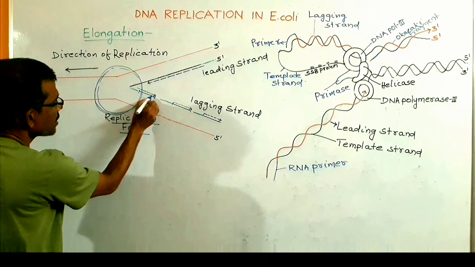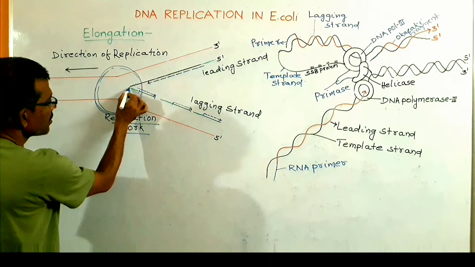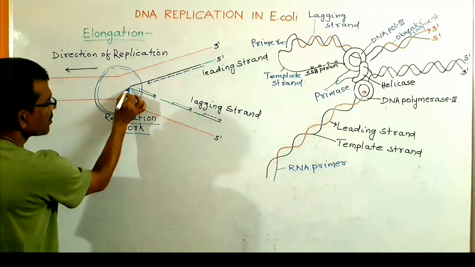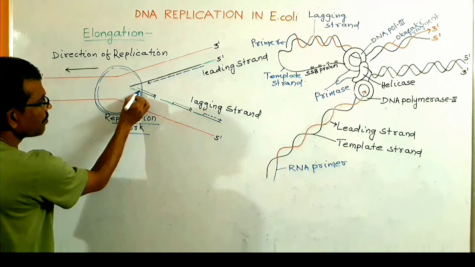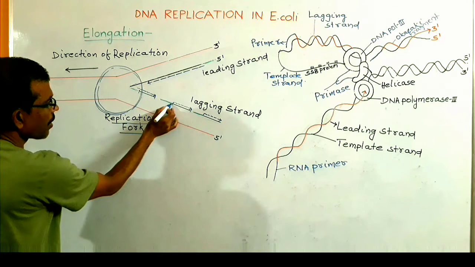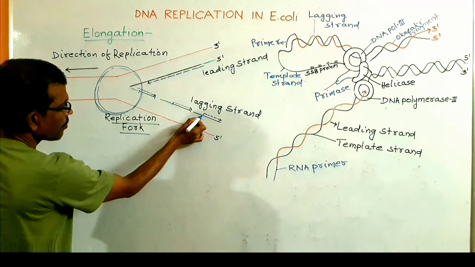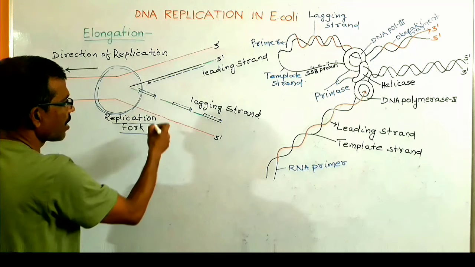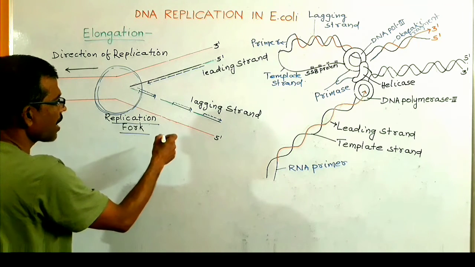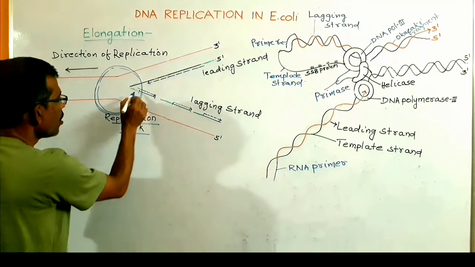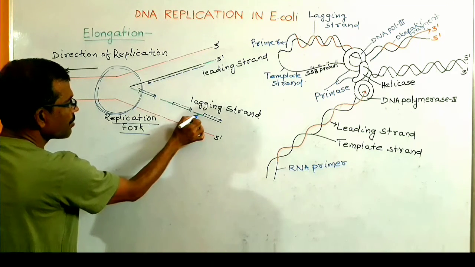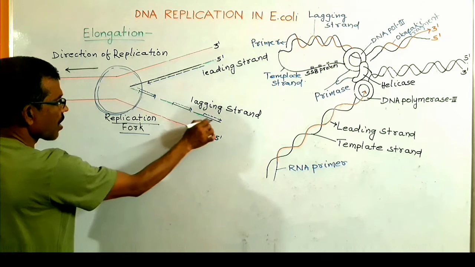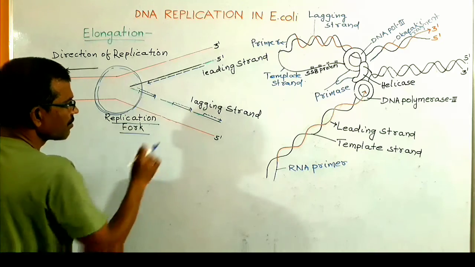And for each Okazaki fragment, there must be a synthesis of an RNA primer. This green color patch is an RNA primer. This is also an RNA primer, and this is also another RNA primer. The enzyme adds nucleotides to the free 3-hydroxyl group of each individual RNA primer, thereby catalyzing the synthesis of the lagging strand in the form of Okazaki fragments.